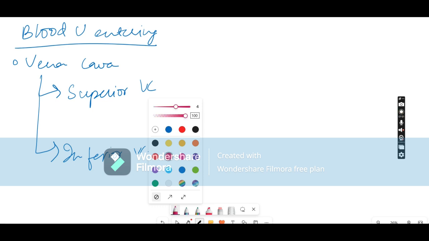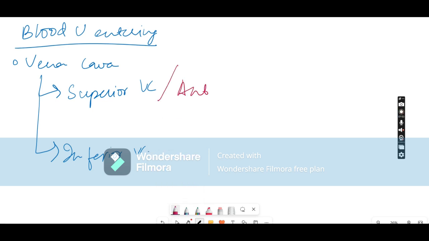Now, this superior and inferior also has other names such as anterior vena cava or posterior vena cava.